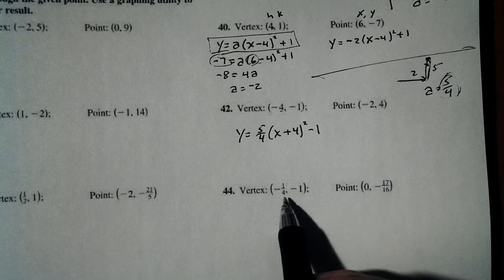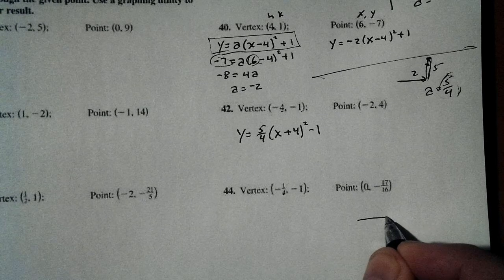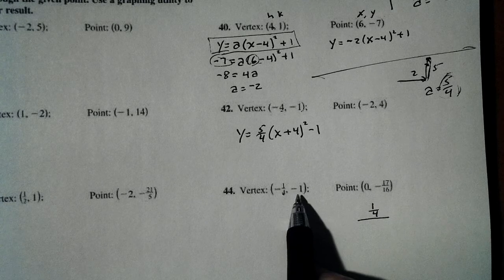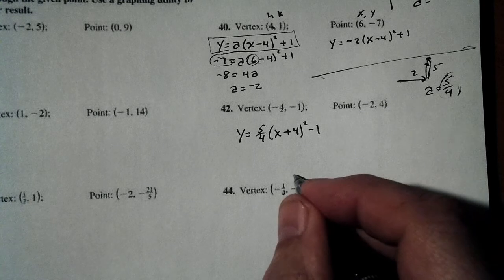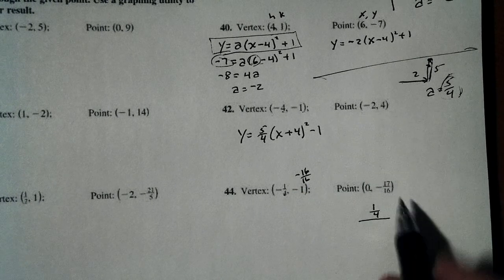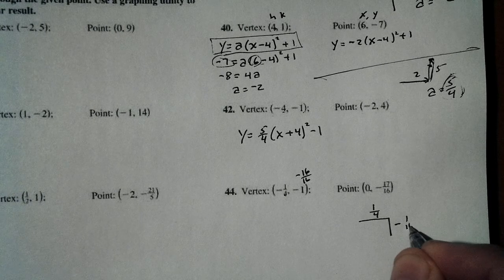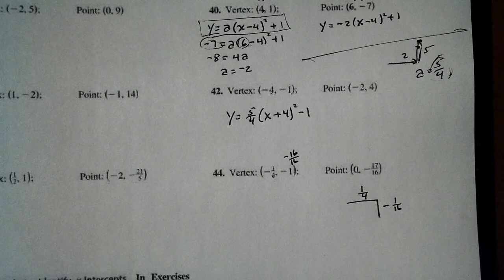Okay, so let's take a look here. From -1/4 to 1/4, I'm going over 1/4. From -1 to -17/16, or from -16/16 down to -17/16, we're going down 1/16. Oh my goodness, fractions, this is going to be tough.